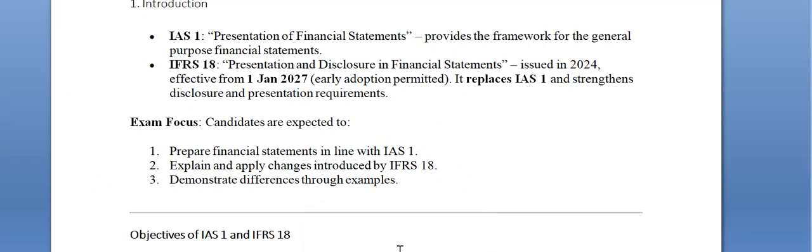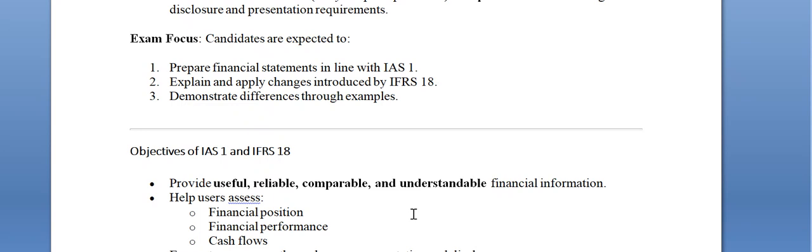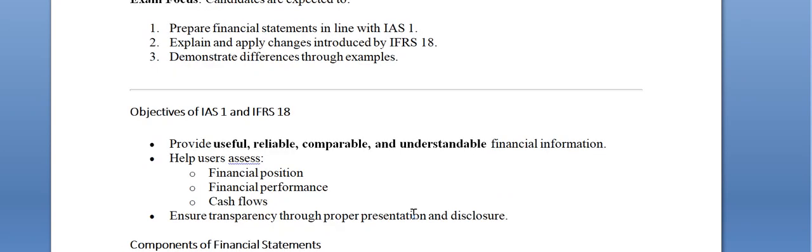You are preparing, you are presenting, and all that you are doing is to ensure that you are helping the users to be able to compare, to rely on, and to understand the information you are putting down.